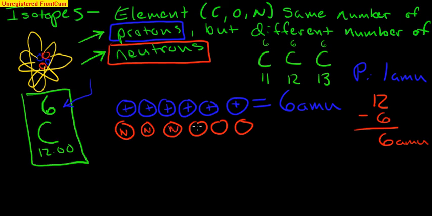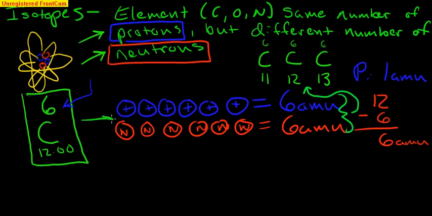So 6 atomic mass units plus 6 atomic mass units is 12. That was for carbon 12.